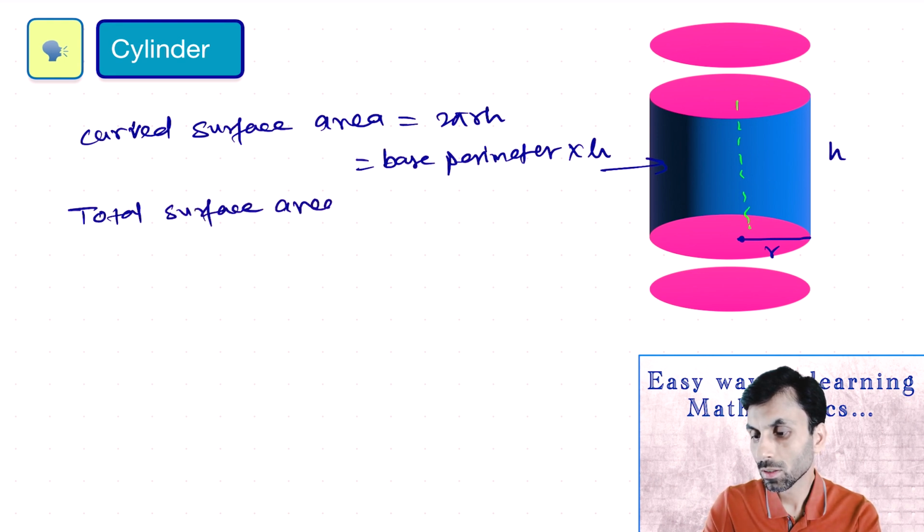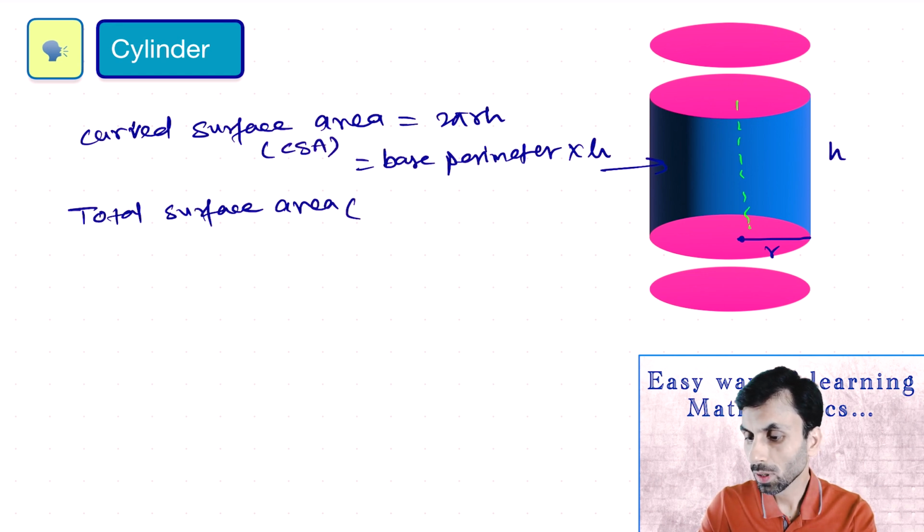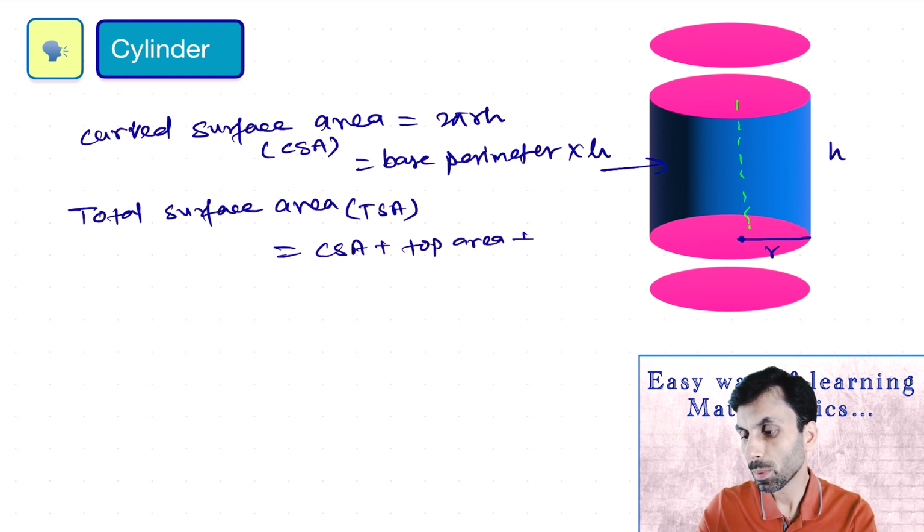Next, when we talk about total surface area, which we also call TSA, and curved surface area is represented as CSA. So the value of total surface area will be curved surface area plus top area plus base area.